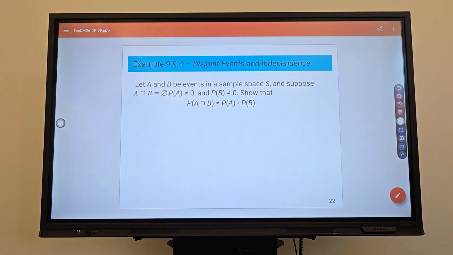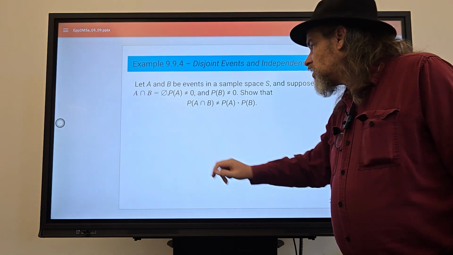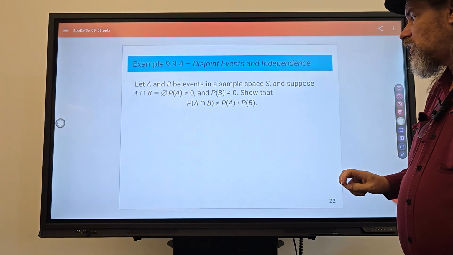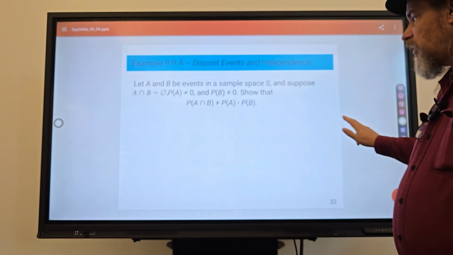For disjoint events, the probability of the intersection of A and B, which is the null set, is not equal to the probability of A times the probability of B.